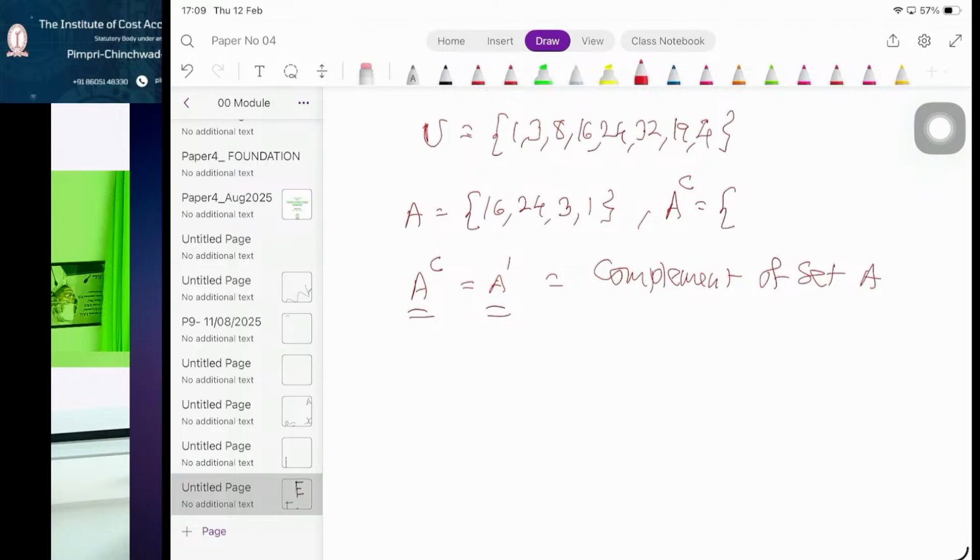Let's take one example. 1 is here, 3 is also there, 8 is not there. So I will take here in the complement set. 16 is there, 24 is there, 32 is not there, 19 is not there, 4 is not there. Now count: 1, 2, 3, 4, 5, 6, 7, 8. There were 8 elements in it.